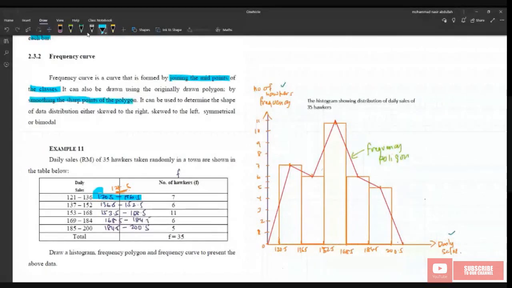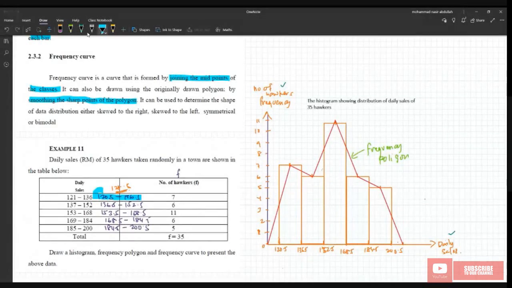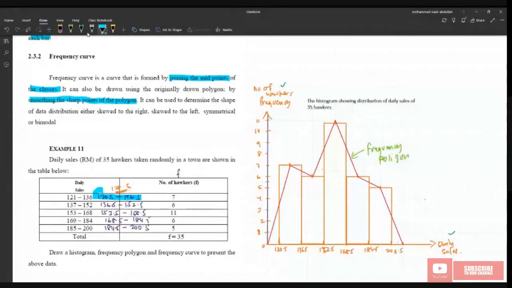So that means for frequency polygon, we draw a line with sharp corners, right? But for frequency curve, we just need to smooth the line. It's going to be like this. We just draw using our freehand, so it will become smooth, right? So that is a frequency curve, right?